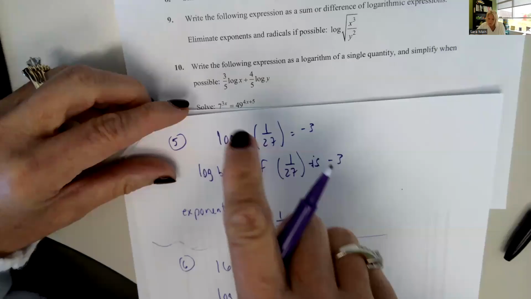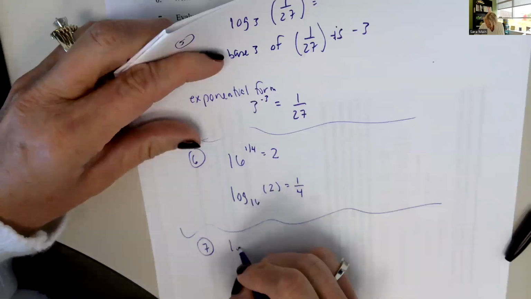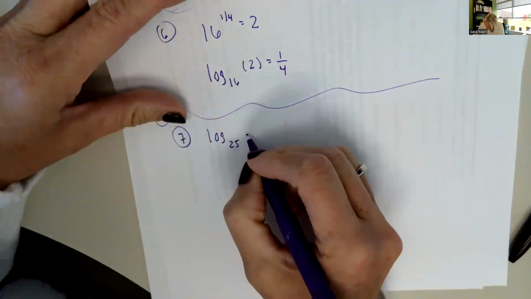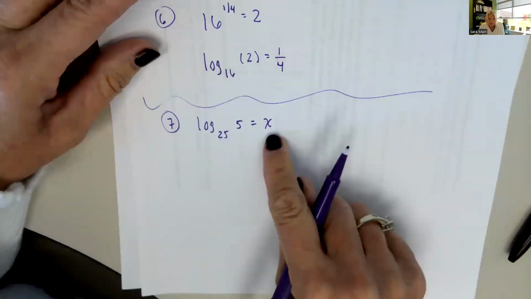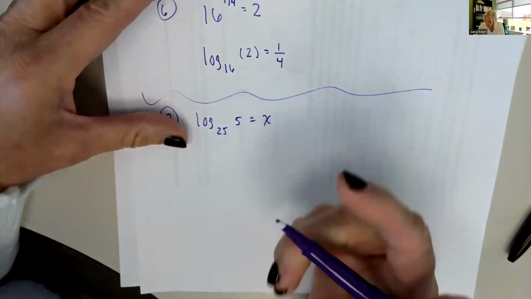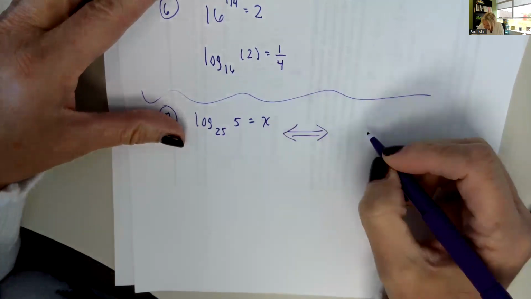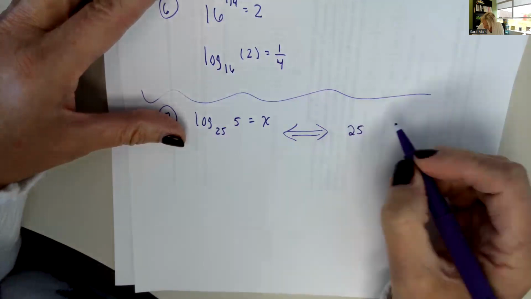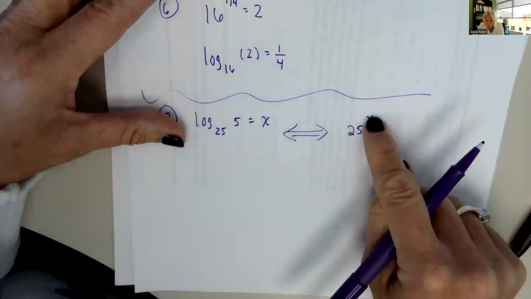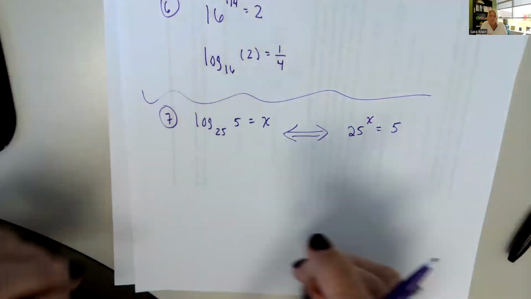Number 7 is asking you to evaluate this without using a calculator. So log base 25 of 5 is x. Okay, so what I would do is I would rewrite this in exponential form. It's base 25, so I'm base 25. So what power of 25 could I do to result in a value of 5?